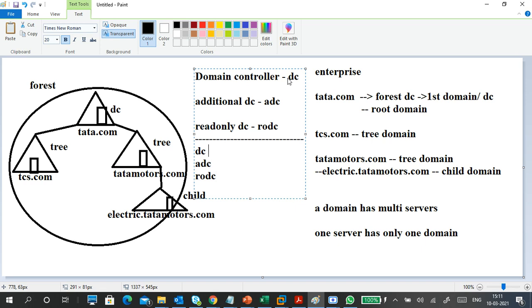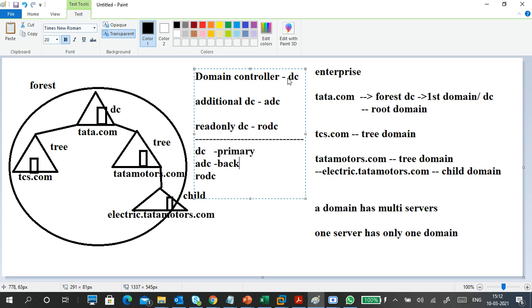For example, DC has 10 users and 5 computers. ADC also has 10 users and 5 computers, the same database without changes. DC, ADC, and RODC carry the same database, but DC is the main, primary domain controller.